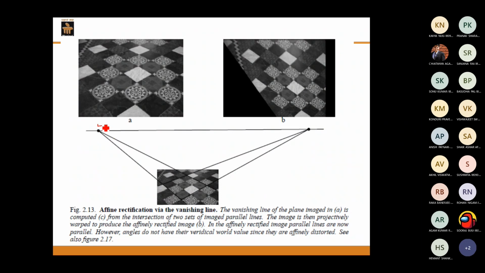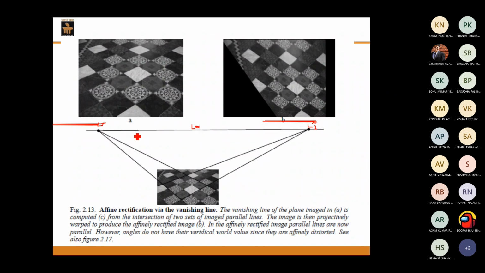Let's say I represent that by L1 infinity, and another set of parallel lines could give me another point, L2 at infinity, right? Joining these two together would give me L infinity, which is basically my line at infinity. Just giving that concept of vanishing line.